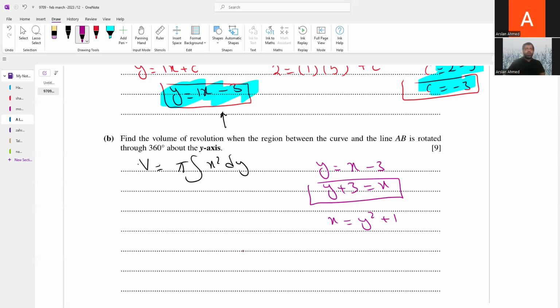Now, if we integrate them, let's say this is x1 and this is x2. So our volume is equal to pi times the integral of x1 squared dy minus the integral of pi x2 squared dy.